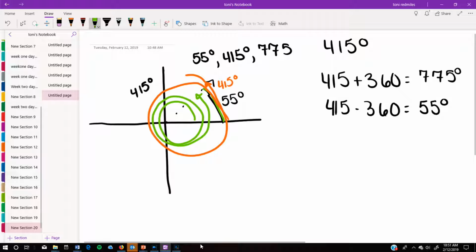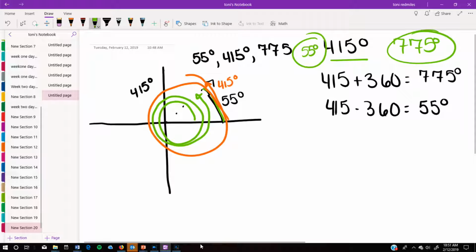Okay, so when they ask for the two positive coterminal angles for 415, give them the 55. That's what they're looking for, and the 775. All right, subtract 360 and add 775. So how do I find the negative? Because when I subtracted 360, I didn't get the negative. Well, because that wasn't the standard position terminal angle.